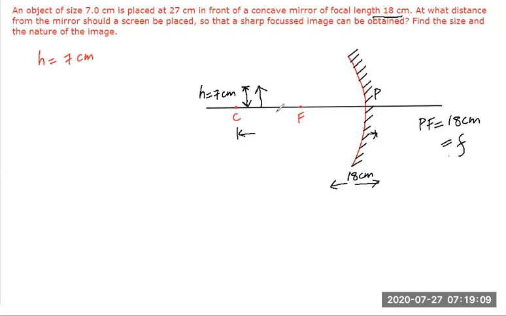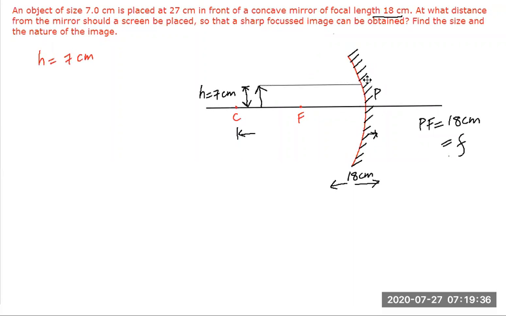Now we know when the object is between C and F, where will be the image? Beyond C. Beyond C, correct. If you forget, geometry will help you. Draw a ray parallel to the principal axis.